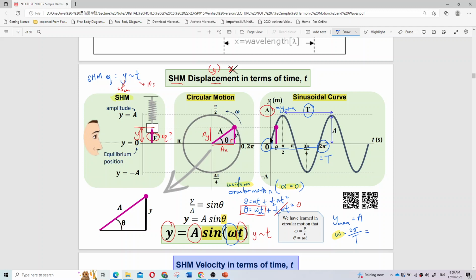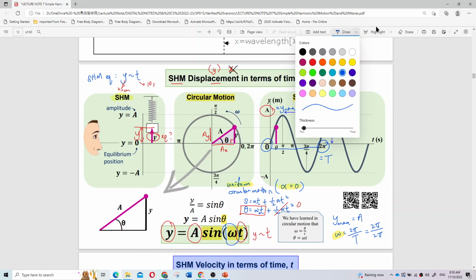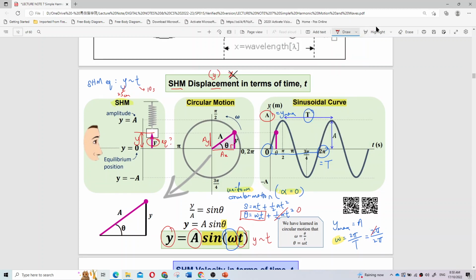The period is 2 pi, so omega is 2 pi over 2 pi, right? Let's cancel off, so this is equal to 1. So what is this equation? The equation is y equal to a sine omega t.